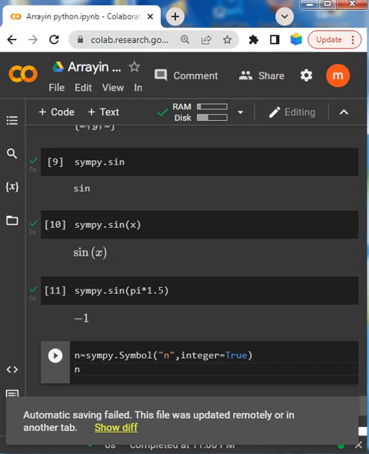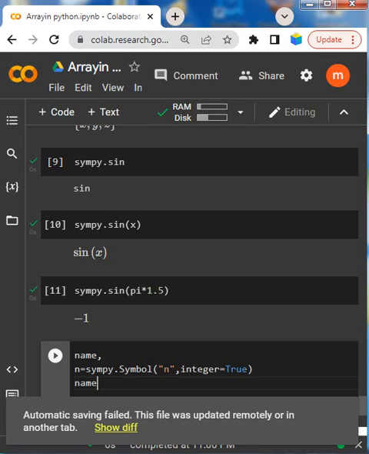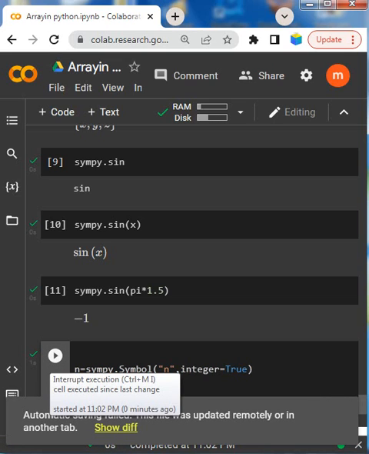So n has been printed and it looks like this name here. Okay, what is this? I think I didn't write a name. I do not need a name here, so I am just going to print n only. So n has been printed like this.